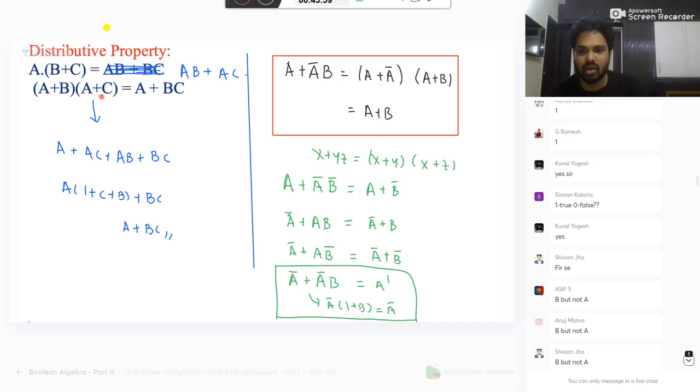A plus A bar B equal to A plus A bar into A plus B. A plus A bar is 1. 1 into anything is A plus B. That's all, Abhinav. What if we apply? It should be same. I didn't get you, Simran. You should see variable and complement, then only apply it. Otherwise, you cannot apply this rule.